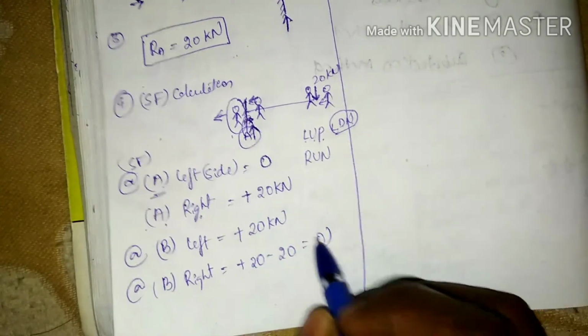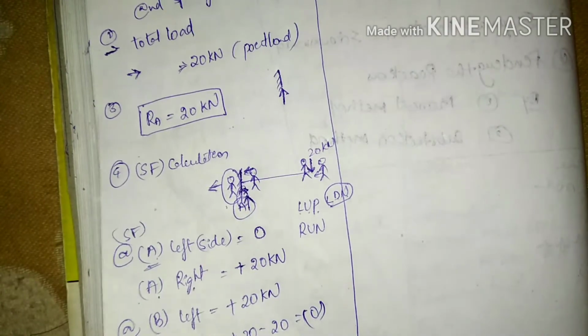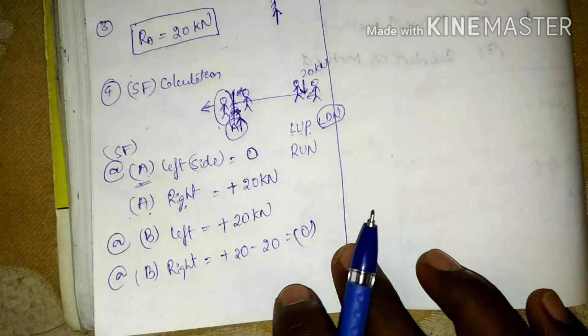That is equal to 0. So shear force at B, right, is equal to 0.